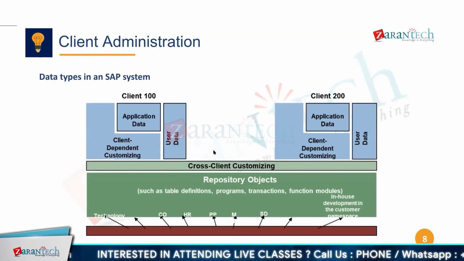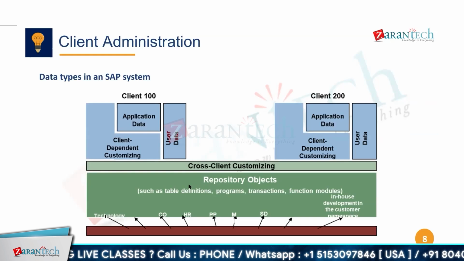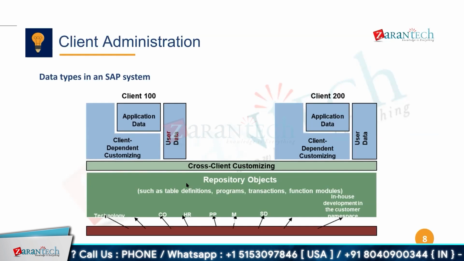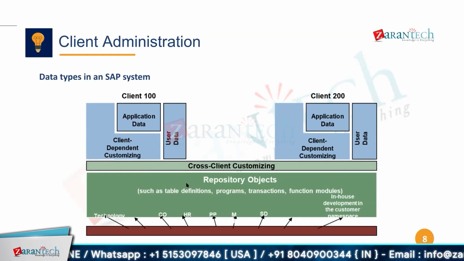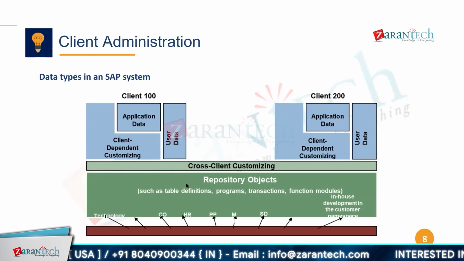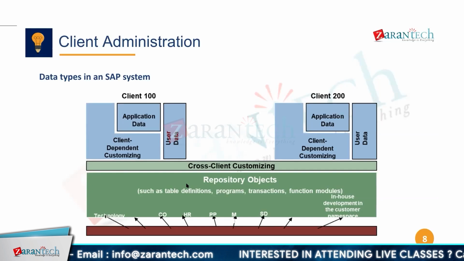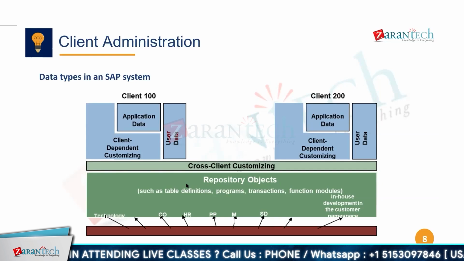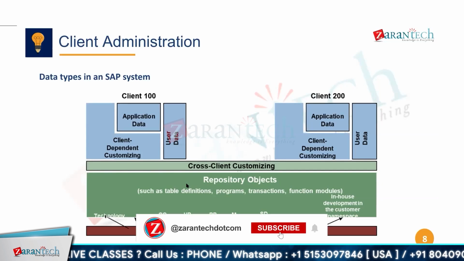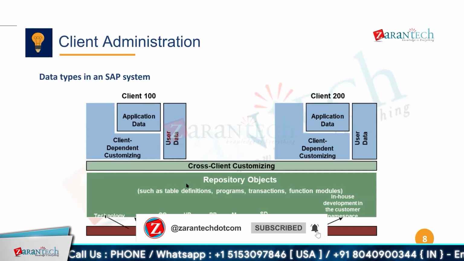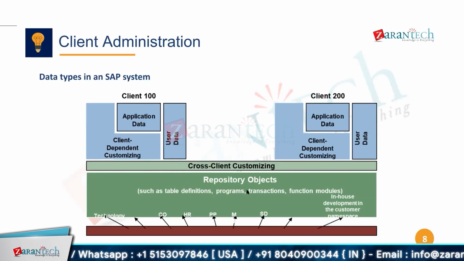Okay, perfect, understandable. Now, there are other things. The green things are available for all. So as I said, repository objects. This term is also important. It's a technical term, but don't worry about it. Remember it, because you have to use this term whenever you are explaining something. So what are these repository objects? I told you there are certain standard functions like transactions, the ones which we are executing, right?